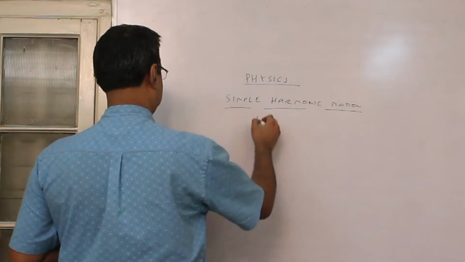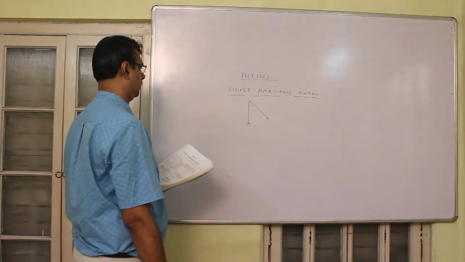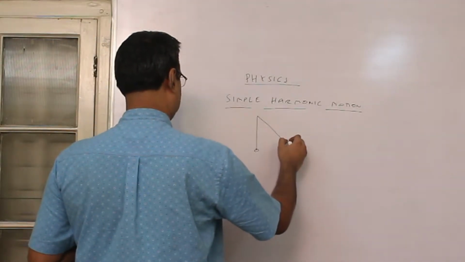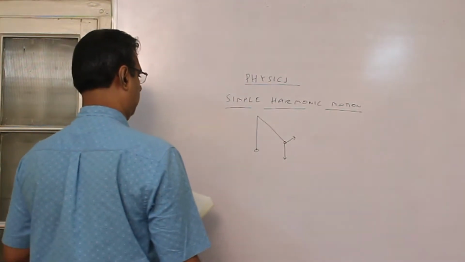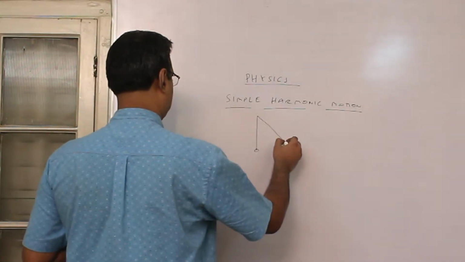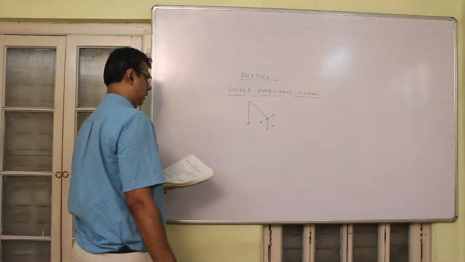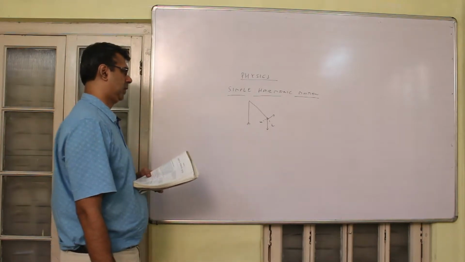If you consider the oscillation of a pendulum, the bob is moving in a certain direction, but the component of gravity is trying to pull the bob back to its rest position.